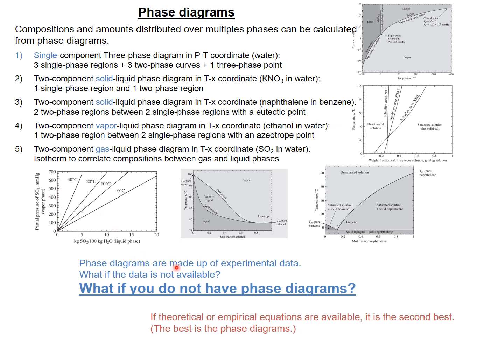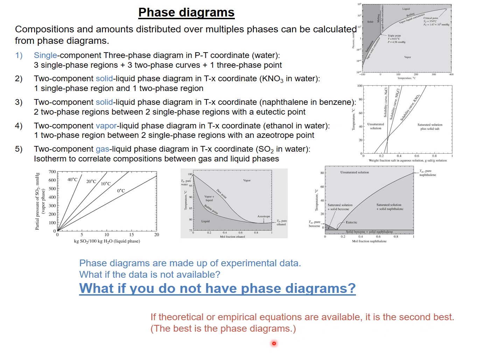Phase diagrams are made up of experimental data. What if the data is not available? In other words, what if you do not have phase diagrams? In that case, if theoretical or empirical equations are available, it is the second best.